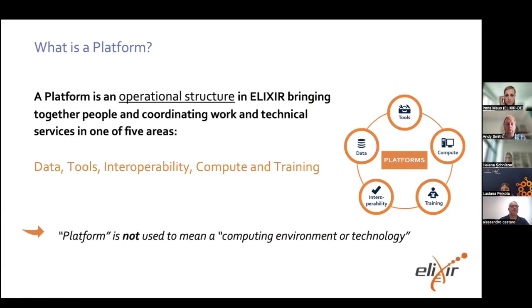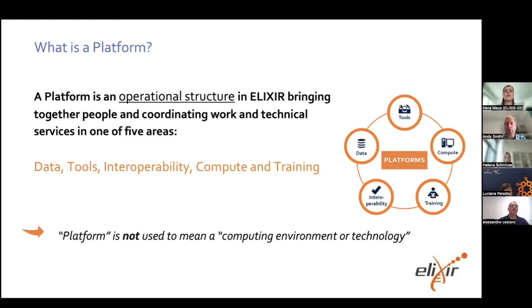So a few points on operational structures here. You might have heard the term platform used. And the first point to note here, if you're very new to Elixir, is that it's not a computing environment or a technology. It's not a piece of software in the traditional sense where you might go to, say, upload data or analyze data. In Elixir, platforms are operational structures.